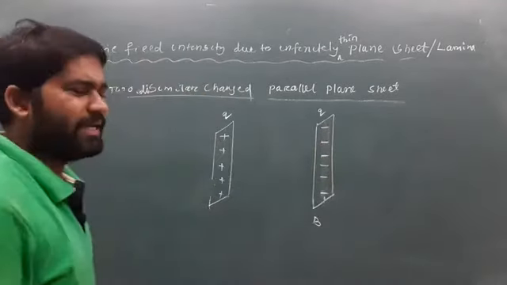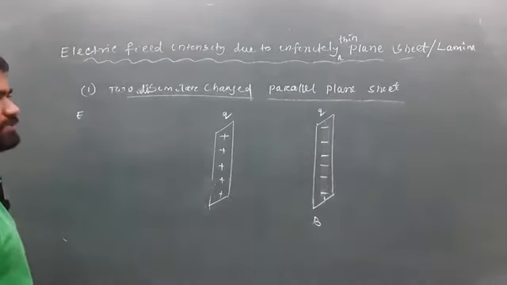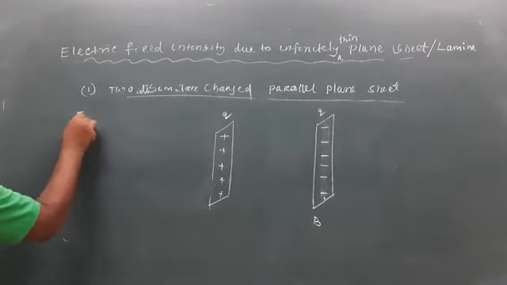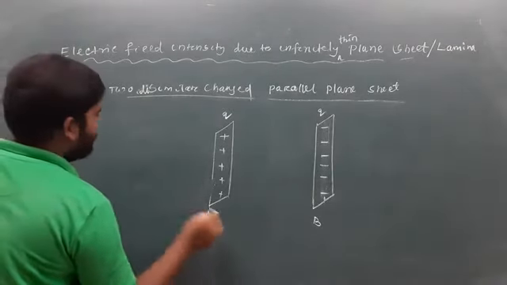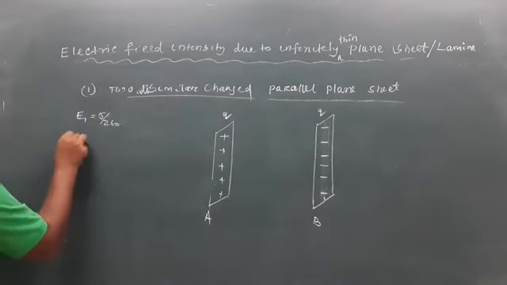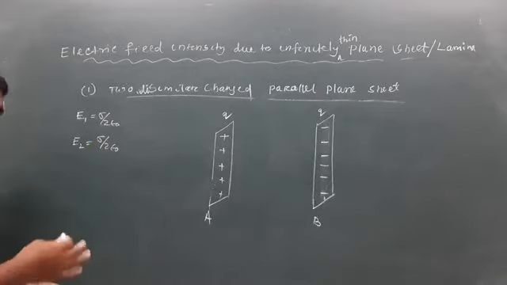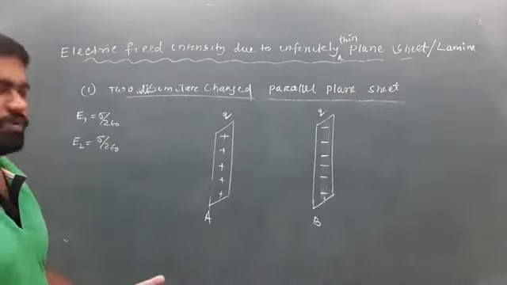So when plate B contains negative charge, the electric field will be the same, because the magnitude of charge is the same. So E1, that is for plate A, will be sigma by 2 epsilon 0, and E2 will be sigma by 2 epsilon 0, because we are treating with the magnitude form.